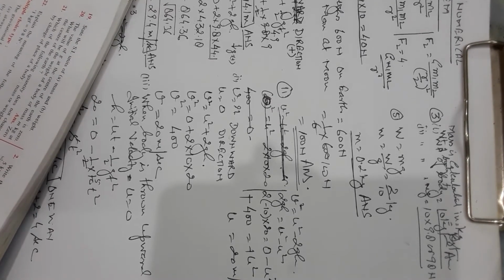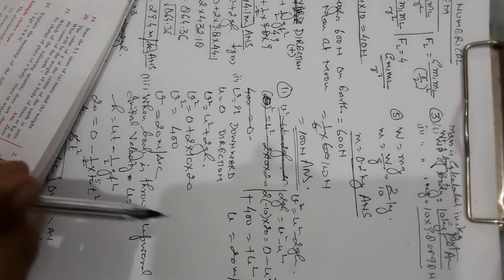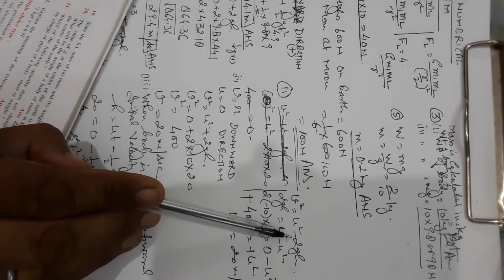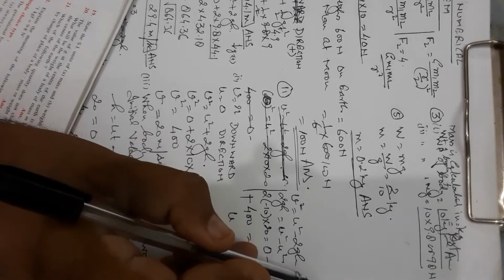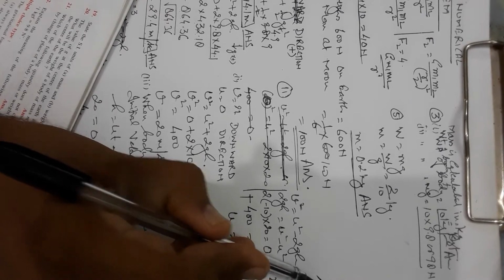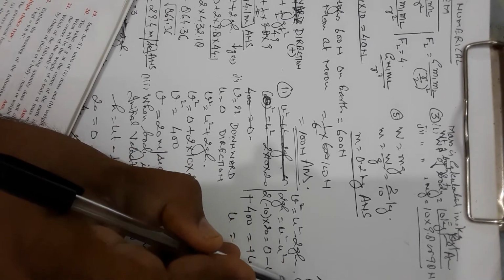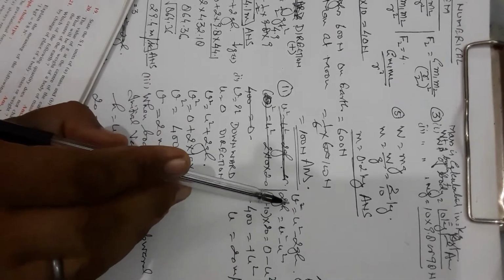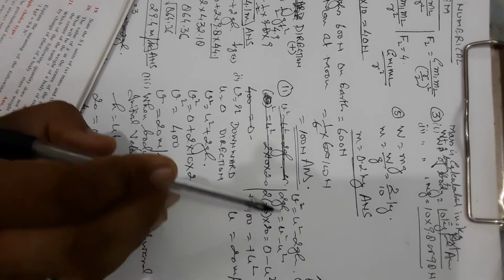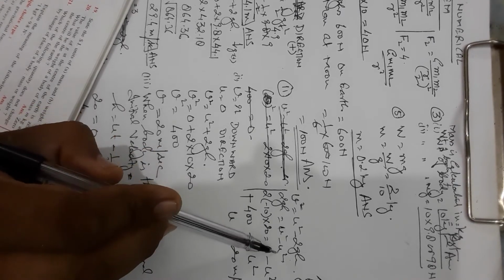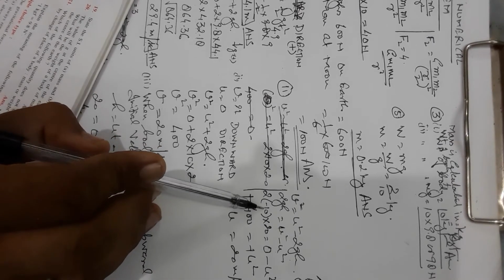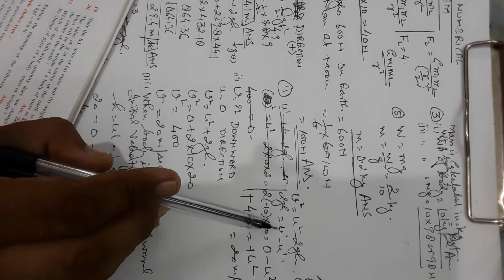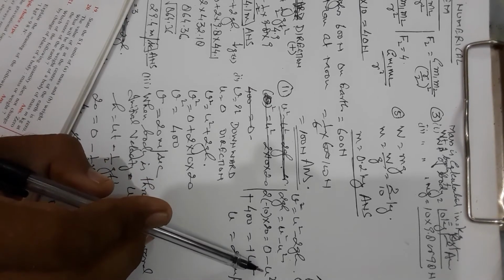So in the 11th question, v square is equal to u square minus 2gh. Why have I used the negative sign? Because the ball is thrown vertically upward, g will be negative. The value of g is minus 10, because it is thrown upward. h is 20 meter. v square finally will become 0, and u square we have to calculate.